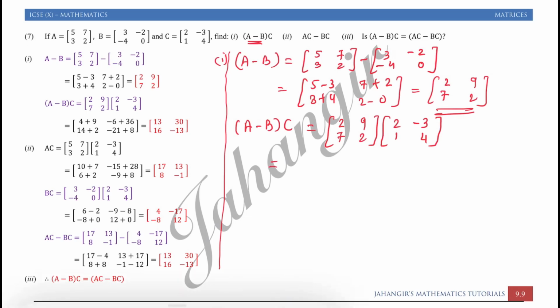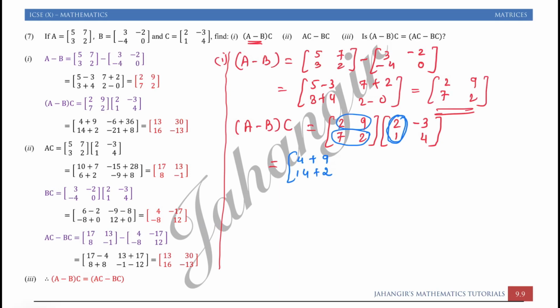So now again first row, first column. First row is this, first column is this. 2 2s are 4 plus 9 1s are 9. Again second row, first column: 7 2s are 14 plus 2 1s are 2.